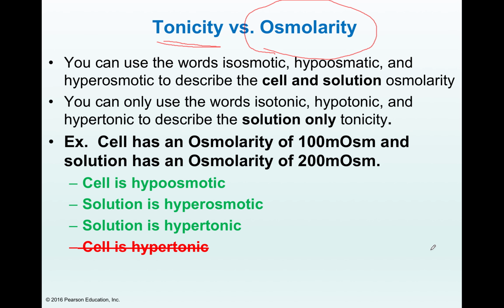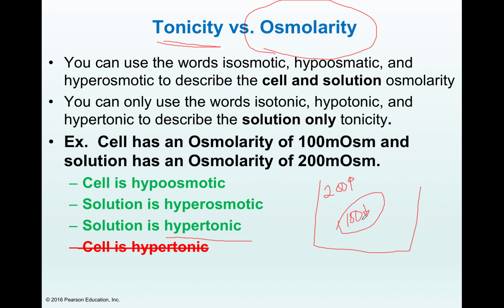So here is a scenario that's given on your PowerPoint. You have a cell that has 100 milliosmolarity, and your solution has 200 milliosmolarity. We can use the concept of tonicity to describe this. This is a larger number compared to this one, so the solution would be a hypertonic solution.